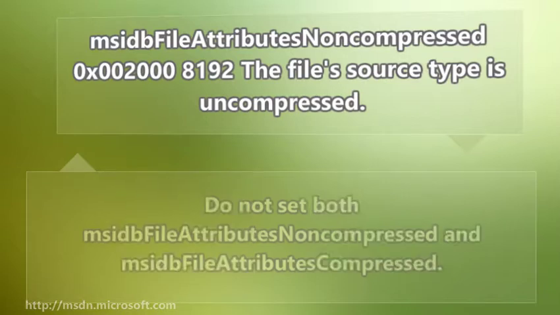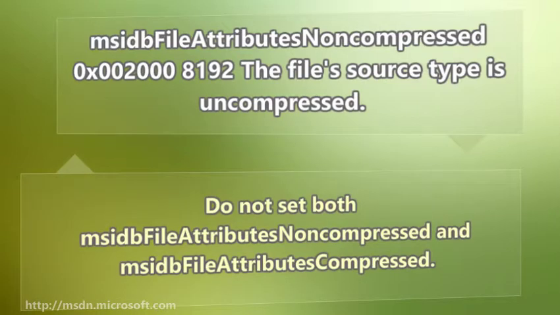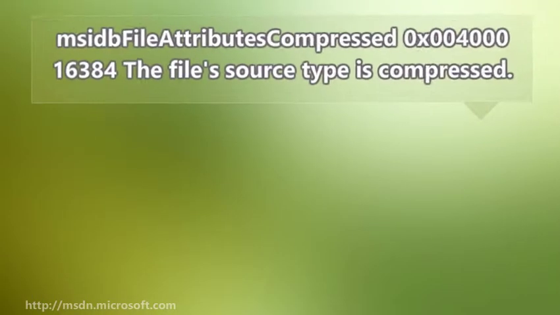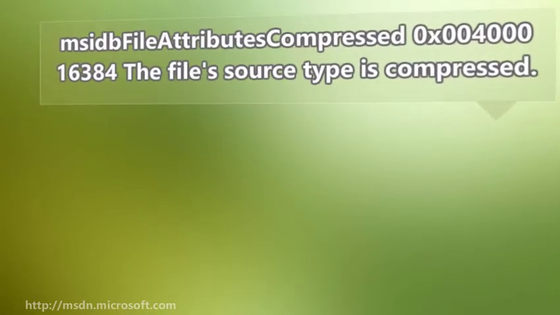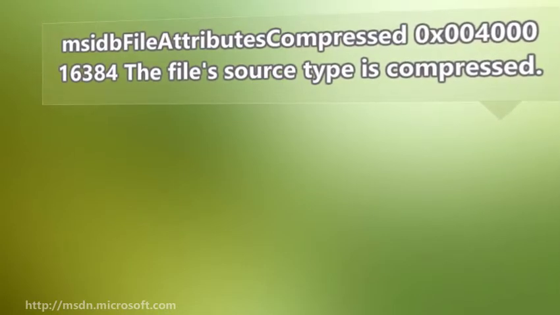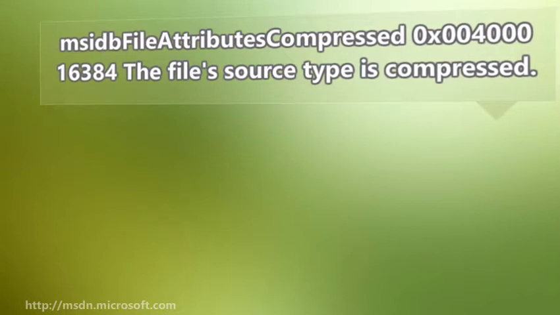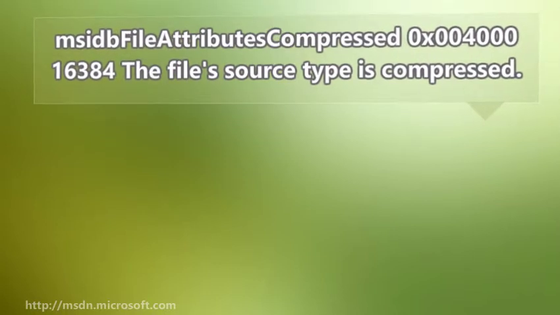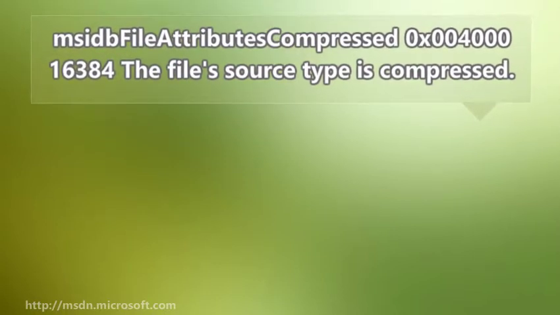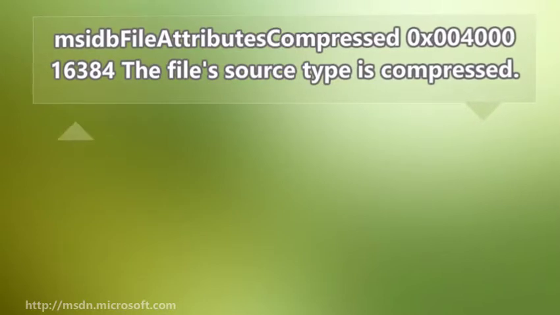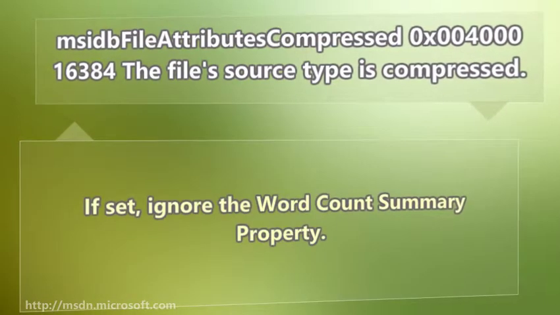Do not set both msidbFileAttributesNoncompressed and msidbFileAttributesCompressed. msidbFileAttributesCompressed, 0x4000, 16,384: the file's source type is compressed. If set, ignore the Word Count Summary property.